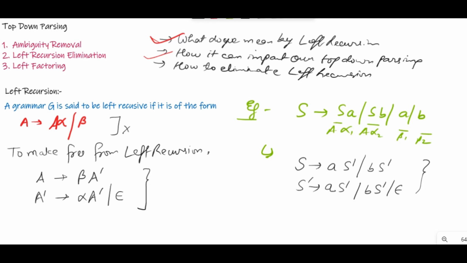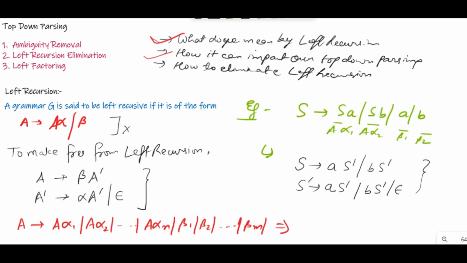From this, you can see the general form of a left recursive grammar as well. The general form of a left recursive grammar is A deriving A alpha 1, A alpha 2 up to A alpha n, beta 1, beta 2 up to beta m. Then the elimination will be like this.